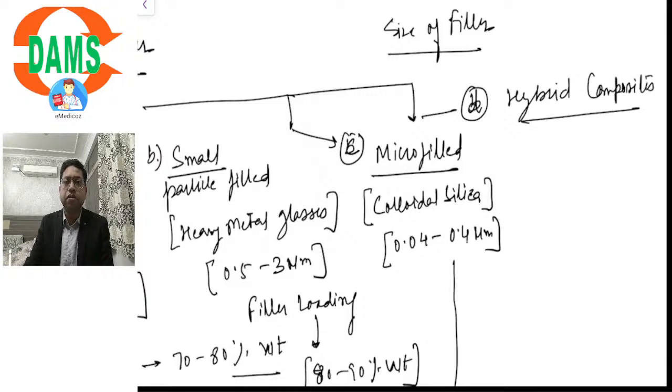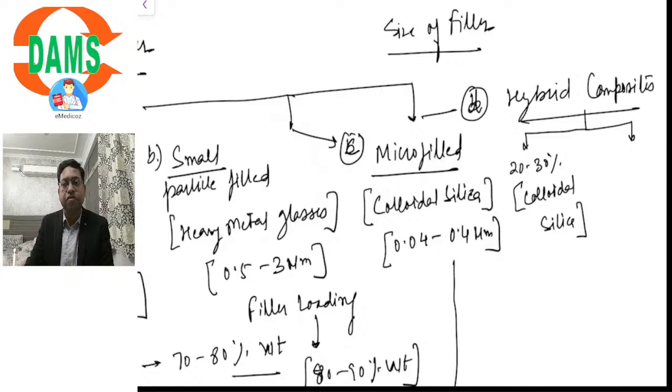Hybrid composites consist, as the name indicates, of two types of filler particles. 20 to 30% of the filler particles are colloidal silica, which is present in microfilled composites, and the remaining 70 to 80% of the fillers are heavy metal glasses.